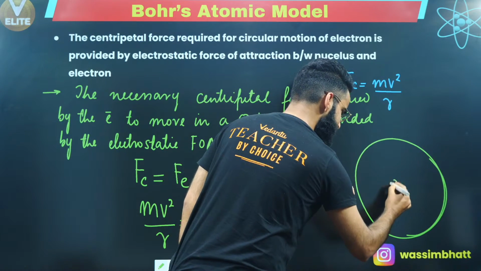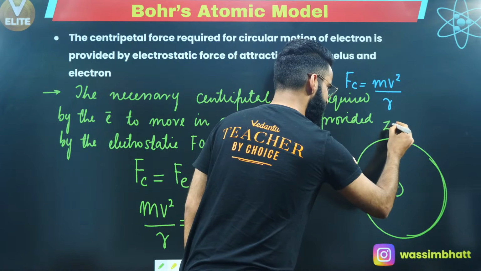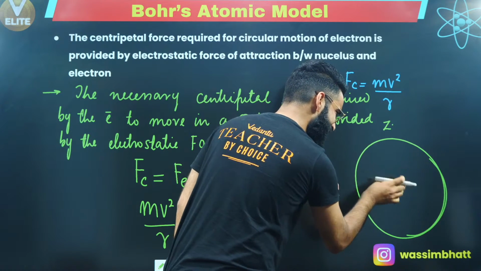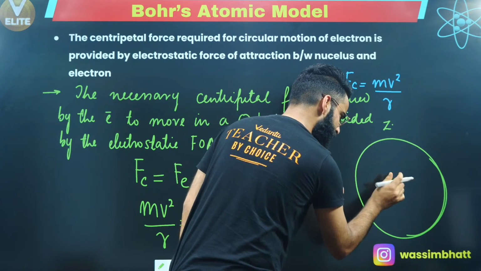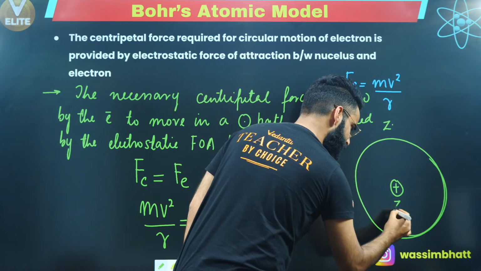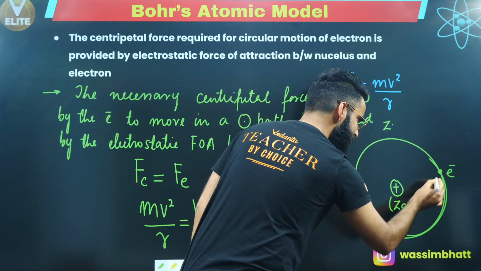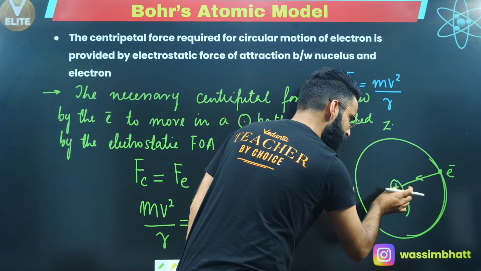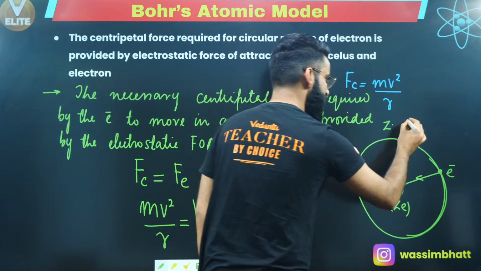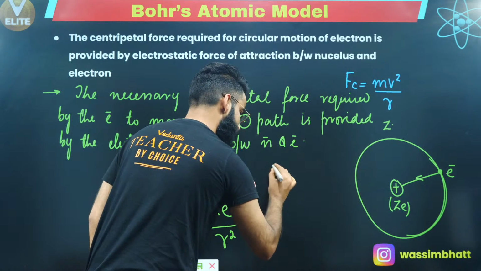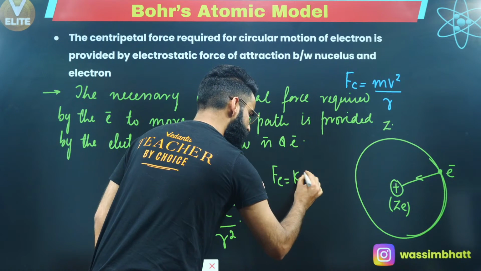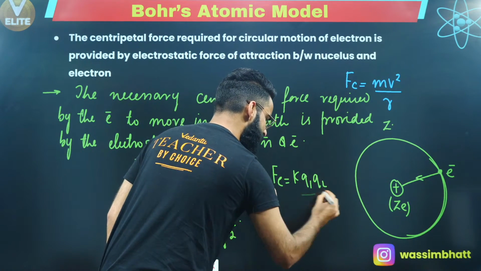Or you can remember it over here as well if you have forgotten. This is the nucleus, right? The atomic number of this atom is Z. So there are basically Z protons inside this nucleus. So what is the net charge inside the nucleus? That is Z multiplied by e. What is the charge on this electron? That is e. There will be a force of attraction between the nucleus and the electron, and that is what I call the electrostatic force of attraction, which is equal to K Q1 Q2 divided by r square.